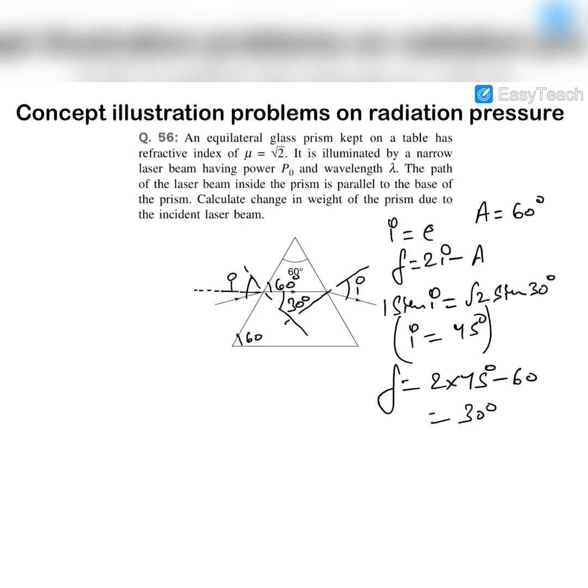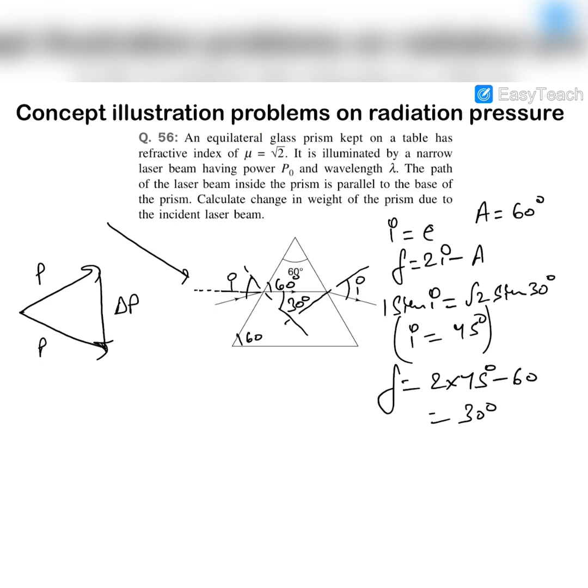So this angle is 45, and deviation delta can be written as 2 into 45 minus 60, so it is 30 degree. Now the momentum of the incident beam is like that, and the momentum of the refracted beam is like that. So if we draw these two beams, the momentum will be the same because no photons are absorbed in the material of the prism, therefore the change in momentum will be in the downward direction.